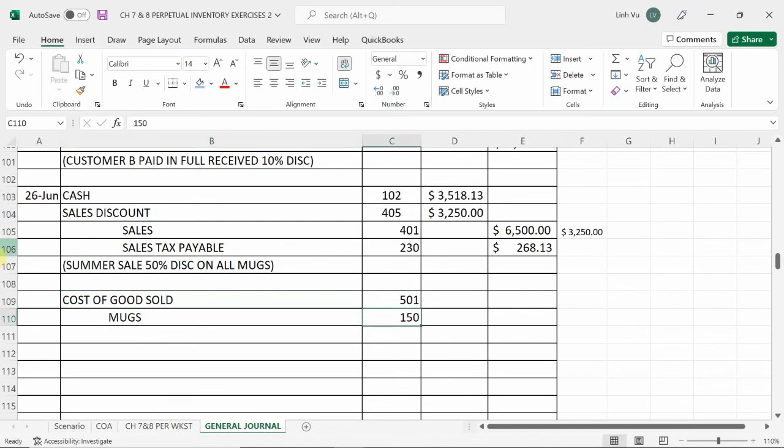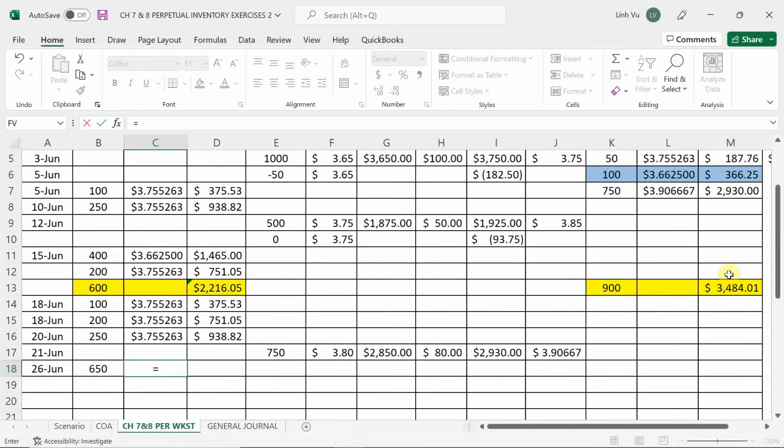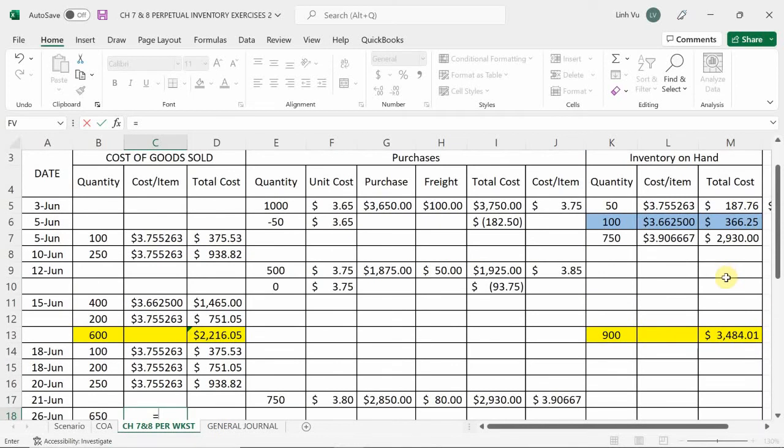Let's go ahead and take a look. It is June 26th. We sold 650 units. At what cost per item if we're using LIFO? 390.666, right?